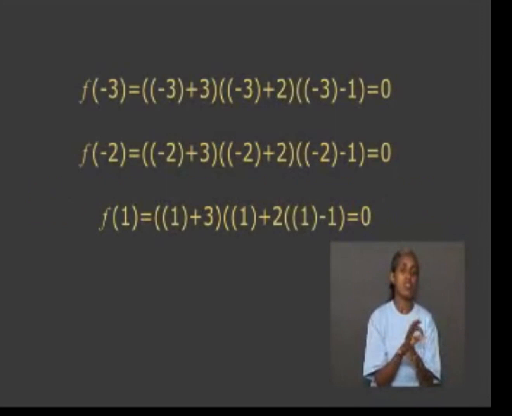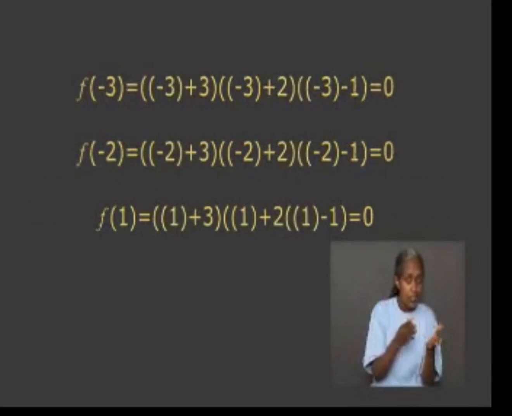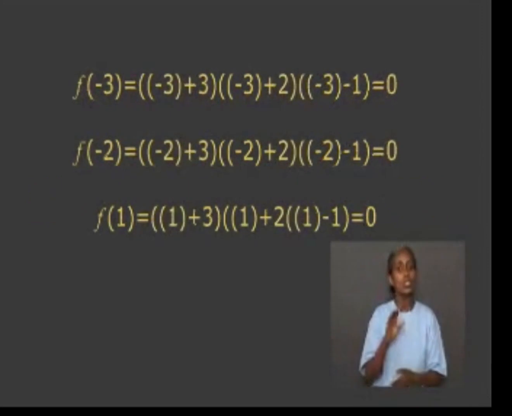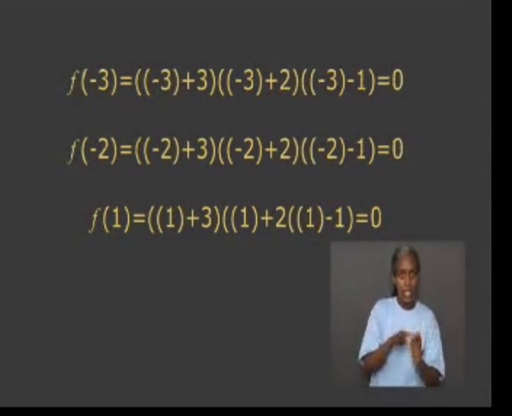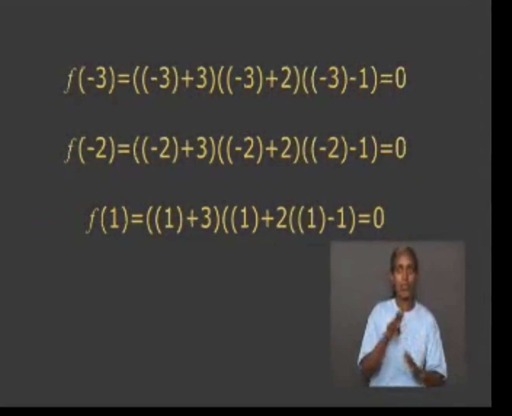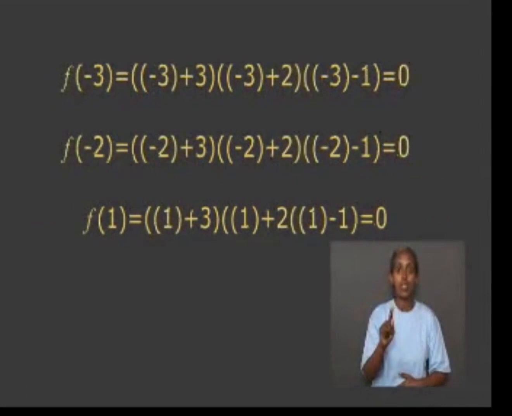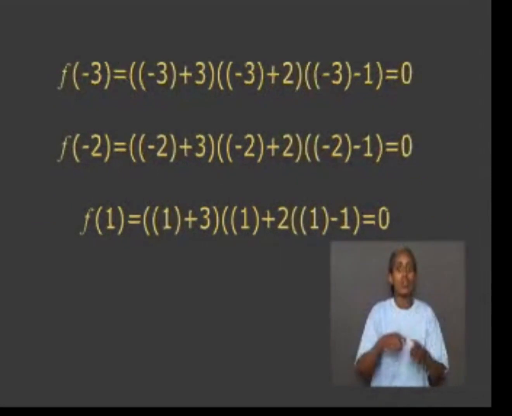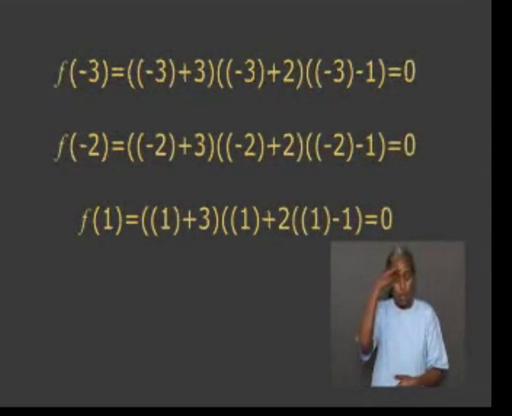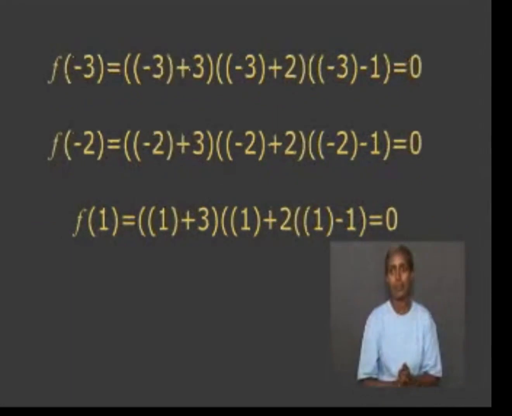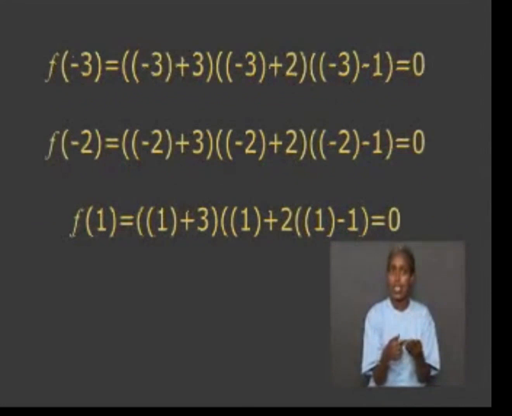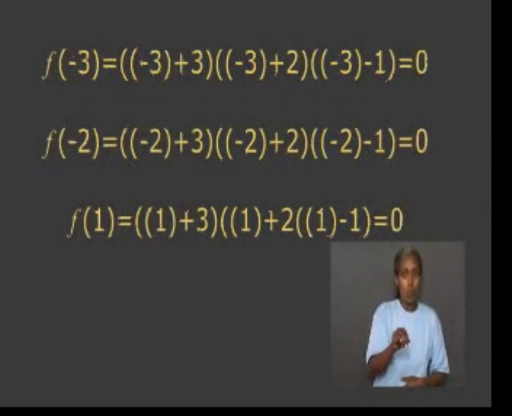This gives us a clue as to the zeros of the function. -3, -2, and 1 are all values of x that would cause one of the factors to equal 0. Therefore, they cause the polynomial to equal 0.